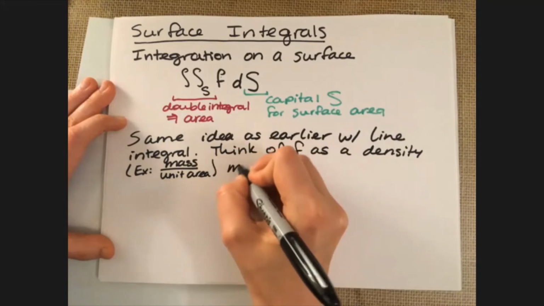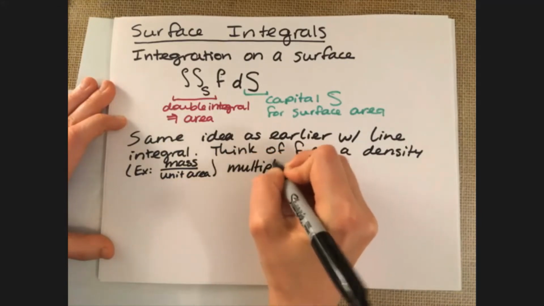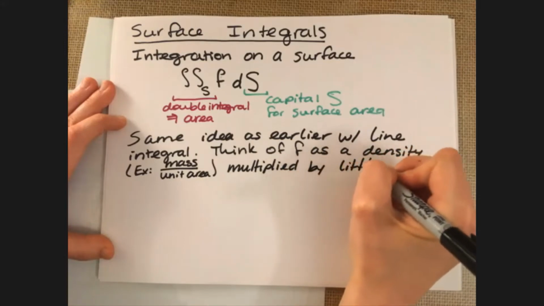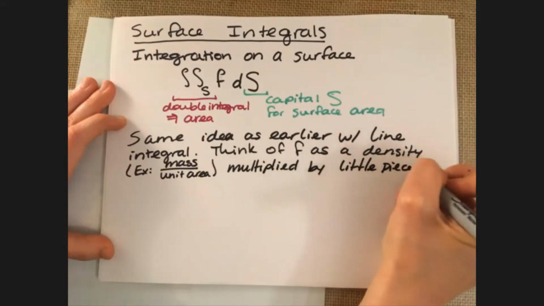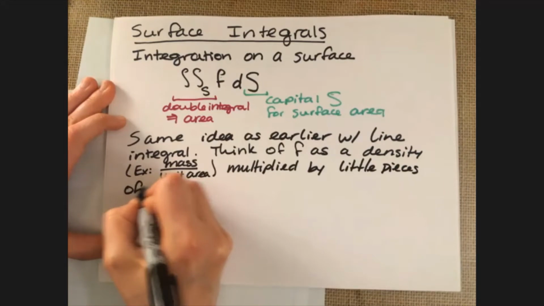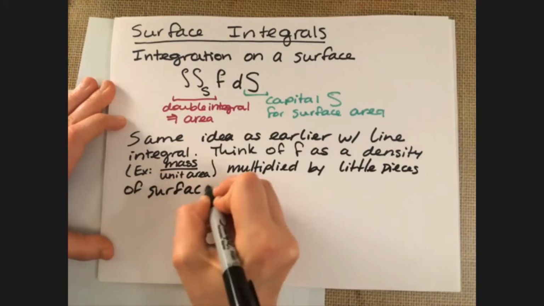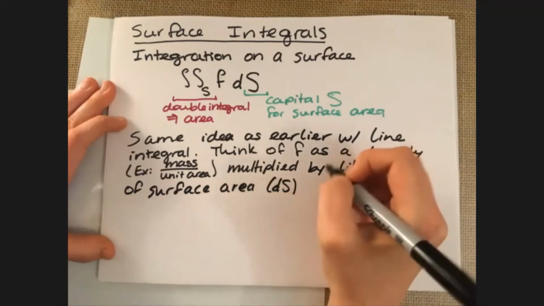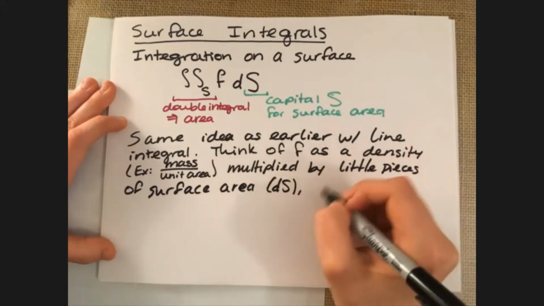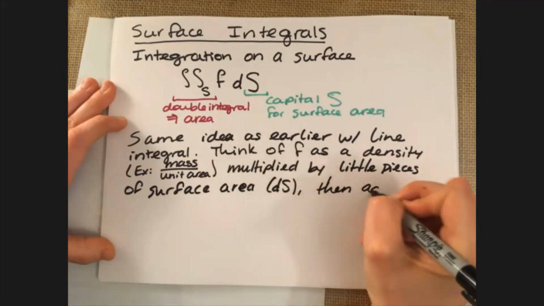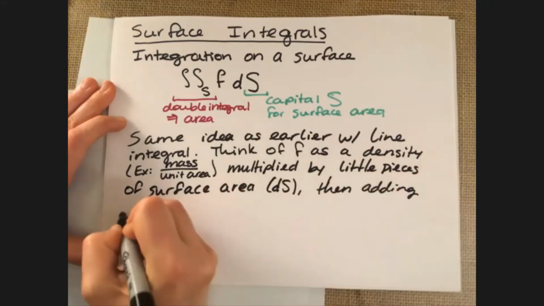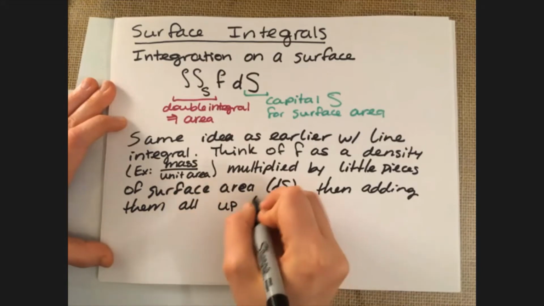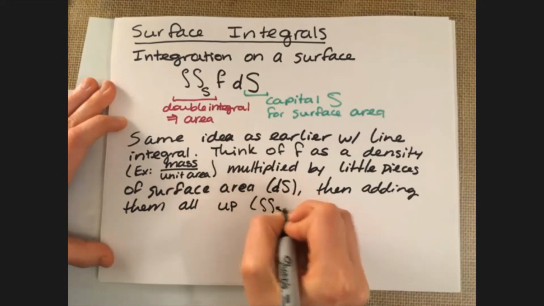And this is going to be multiplied by little pieces of surface area. That's what the dS is. And then adding them all up. And that's what the double integral does.